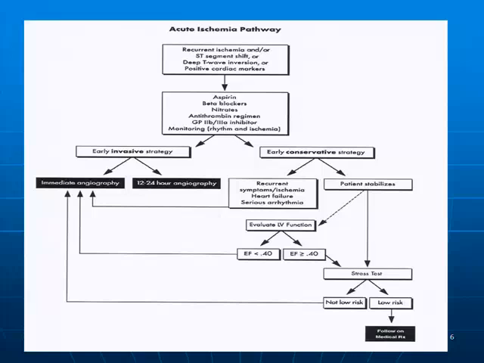A stress test with dobutamine or maybe adenosine cardiolite, or maybe just a plain old treadmill, depending on how concerned you are that stress will provoke ischemia and cause problems. But the stress test may turn out to be negative, and the patient may not need angiography at all.